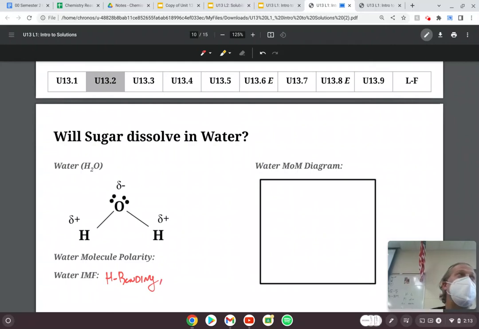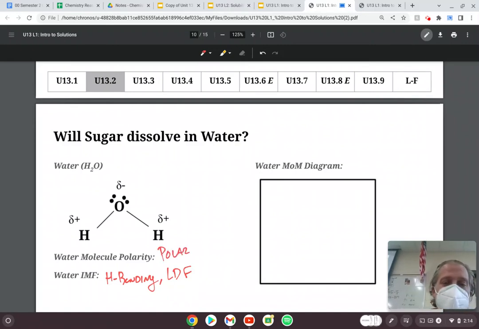It's not going to be dipole-dipole this time. LDF, London dispersion forces. The reason why it's not dipole-dipole is because there's no other element than hydrogen and oxygen here. The hydrogen bonded directly to the oxygen is what creates the hydrogen bonding, but there's no other element here that creates a polar bond. Does that make sense? Hopefully. So that also makes this a polar molecule.